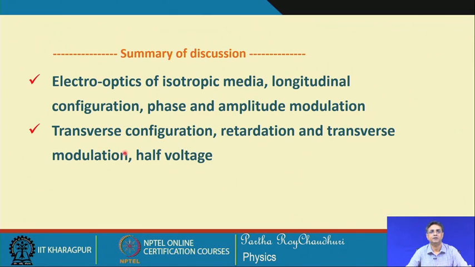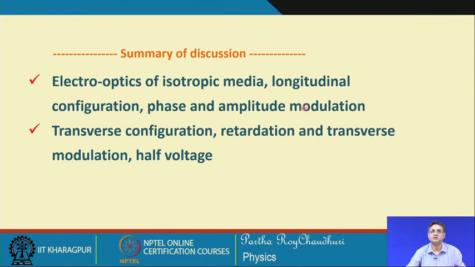So, the summary of this discussion is that we started with the electro-optics of isotropic media, and then discussed the basic configurations, how the crystal has to be configured with respect to the propagating light and the applied voltage, so that it can be used as a longitudinal phase modulator, and in the transverse configuration also for amplitude modulation.